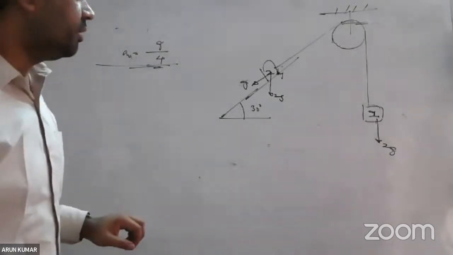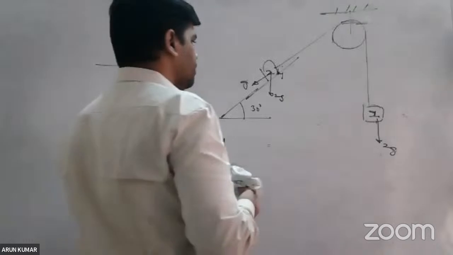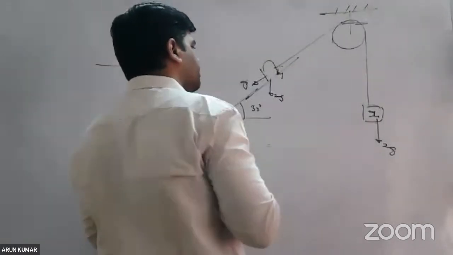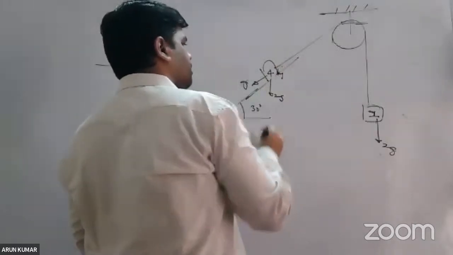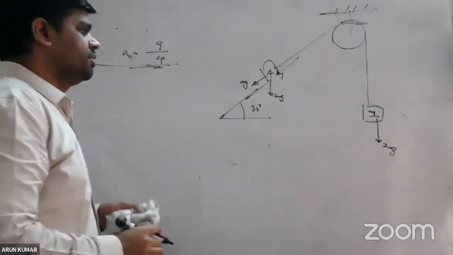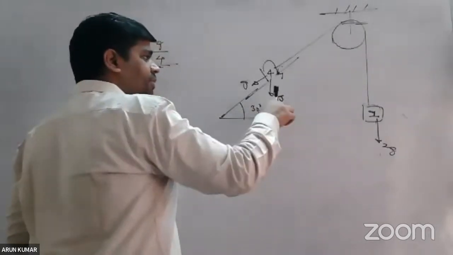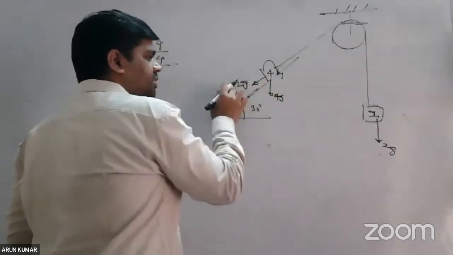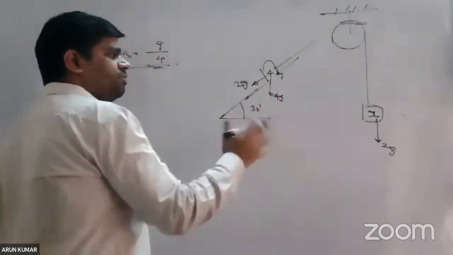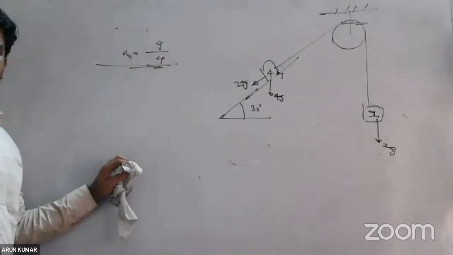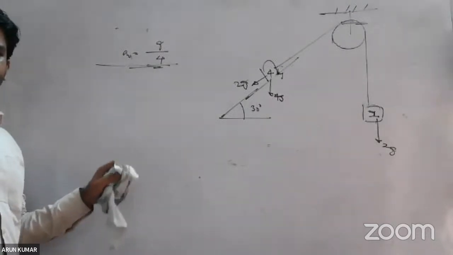But now let us say this is a 4 kg block. Now what happens? The downward gravitational force is 4g. Its component along the plane is 2g. This is 2g, this is 2g. The blocks will not move. Yes, sir. Equilibrium. So acceleration is 0.